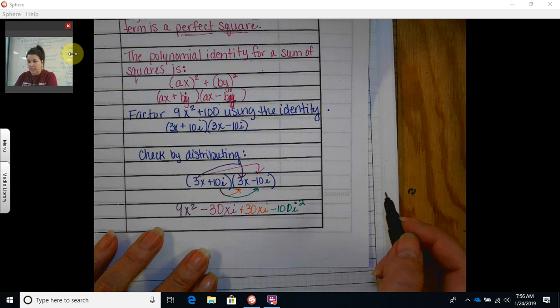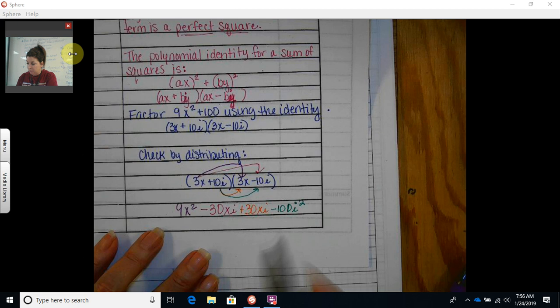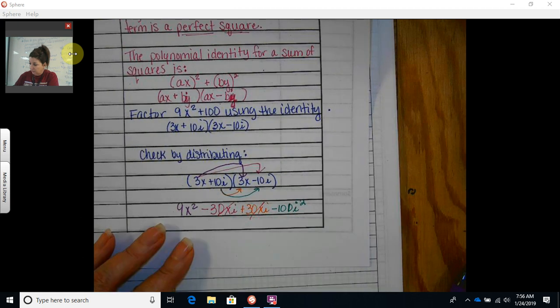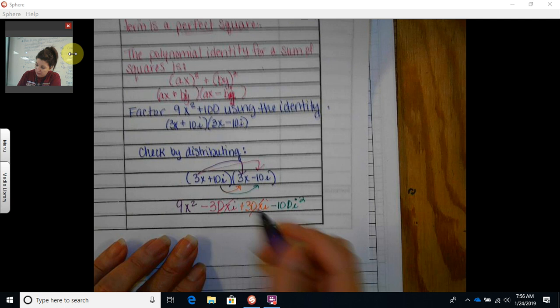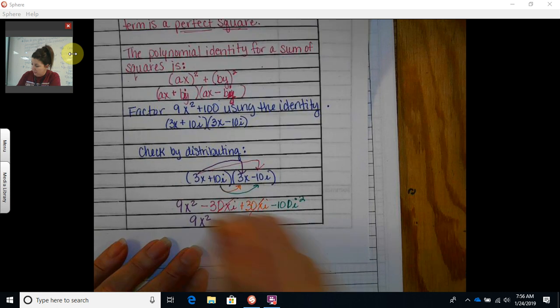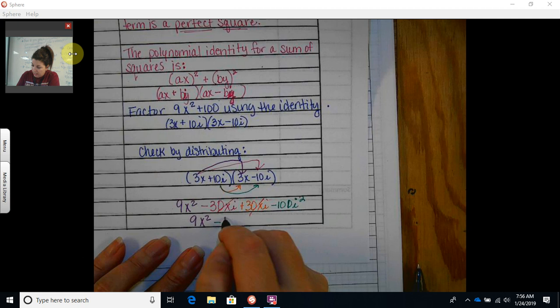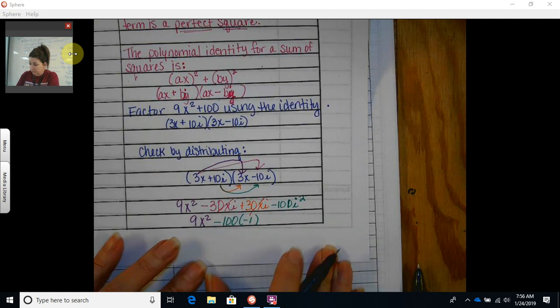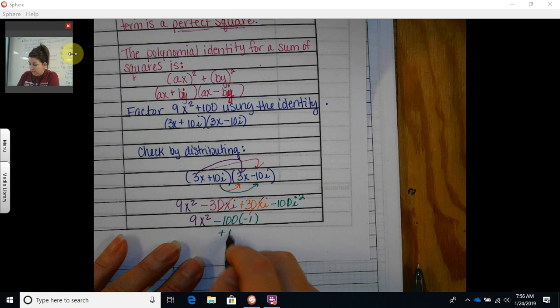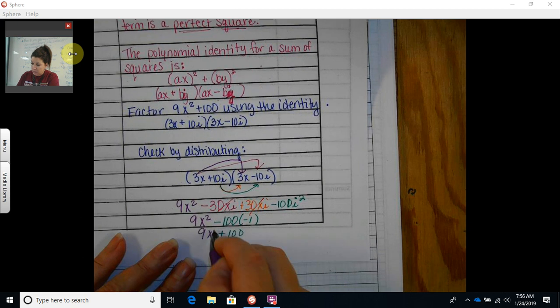Okay, and what happens to my two middle terms? They cancel out. And on the end, we have to replace the i squared with a negative 1. So we are subtracting 100 times negative 1, which is going to turn into positive 100. So we'll have 9x squared plus 100.